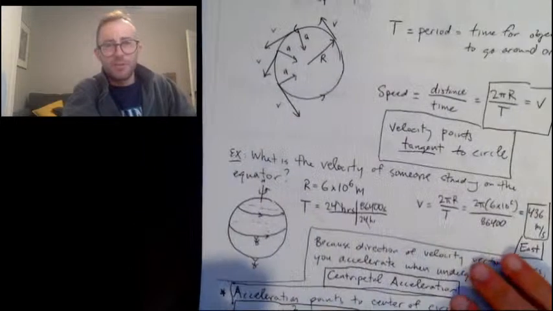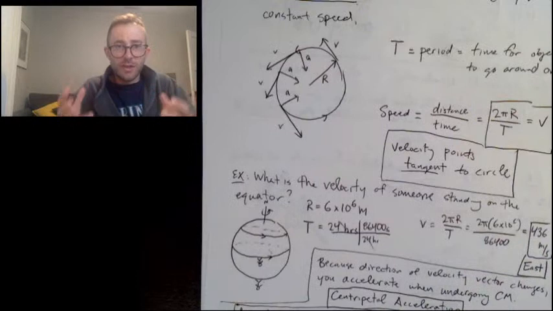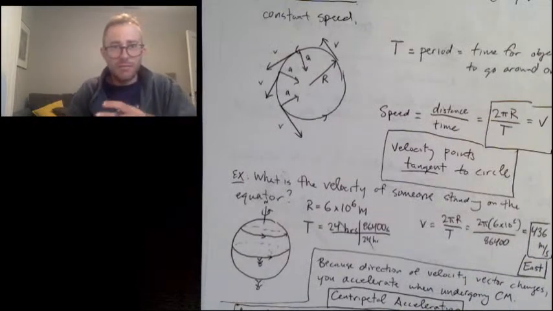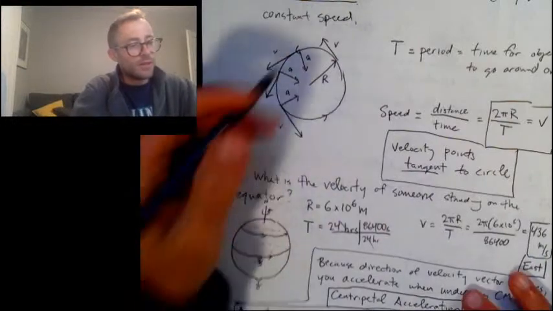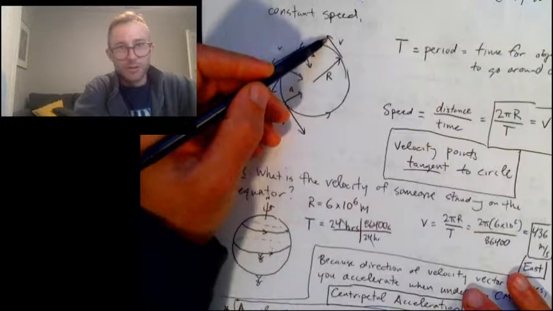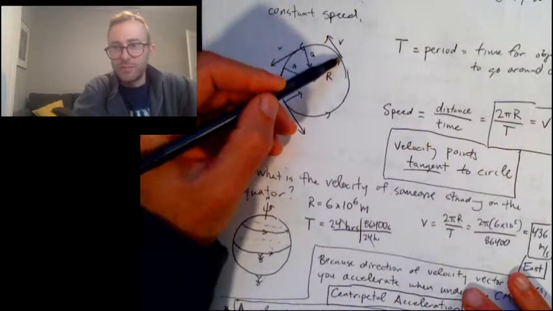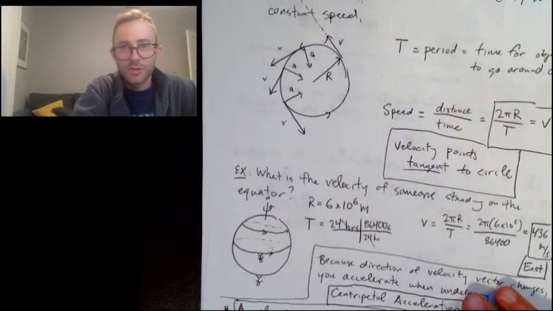So actually what happens is once we remove the centripetal force, the net force becomes zero, and we then have Newton's first law, which says that objects in motion stay in motion. Your velocity is tangent to the circle. So once the centripetal force is turned off, you just keep that velocity and head off tangent to the circle in a straight line.